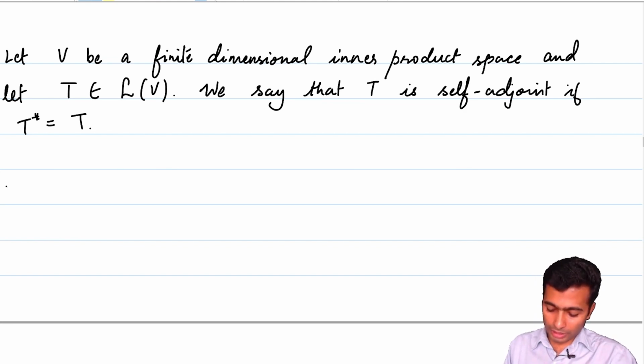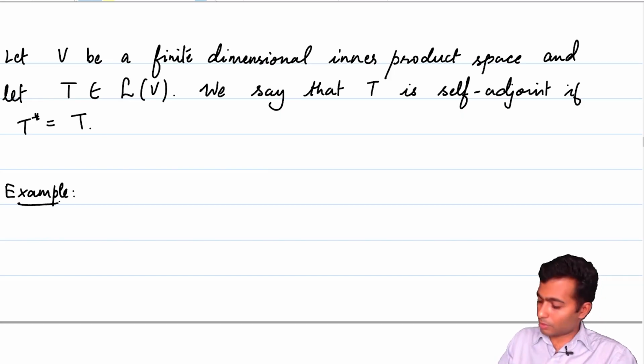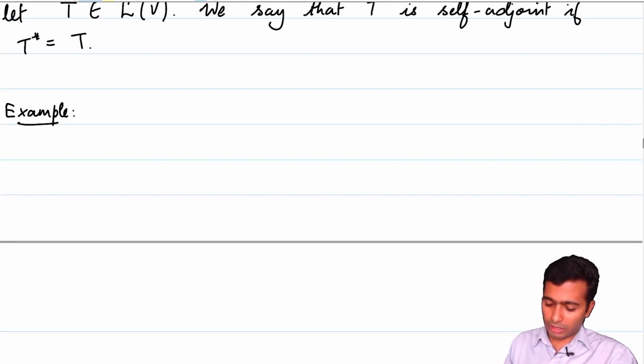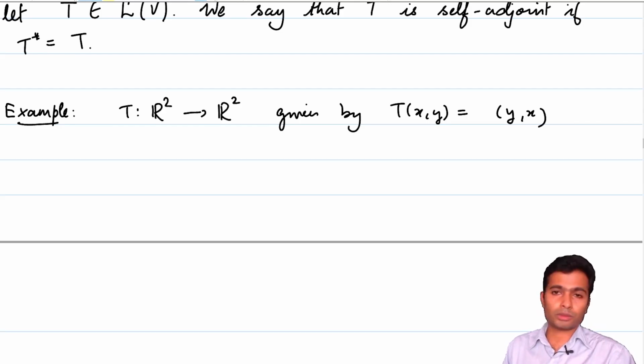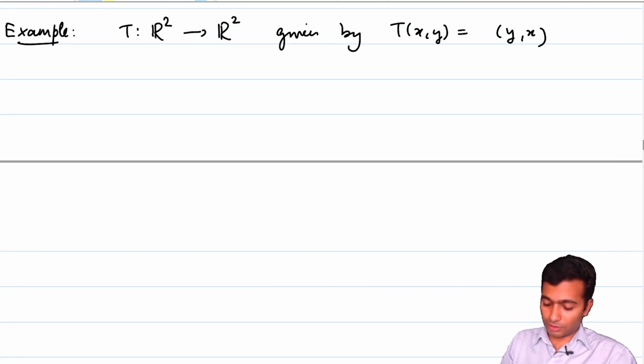So let's look at an example. Define T to be from, say, R2 to itself given by T of x comma y is equal to y comma x. So let's fix the standard basis, which is an orthonormal basis with respect to the standard inner product.